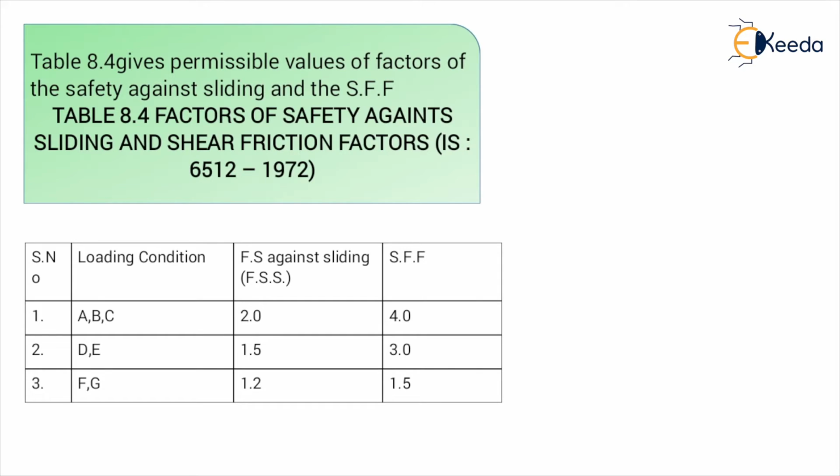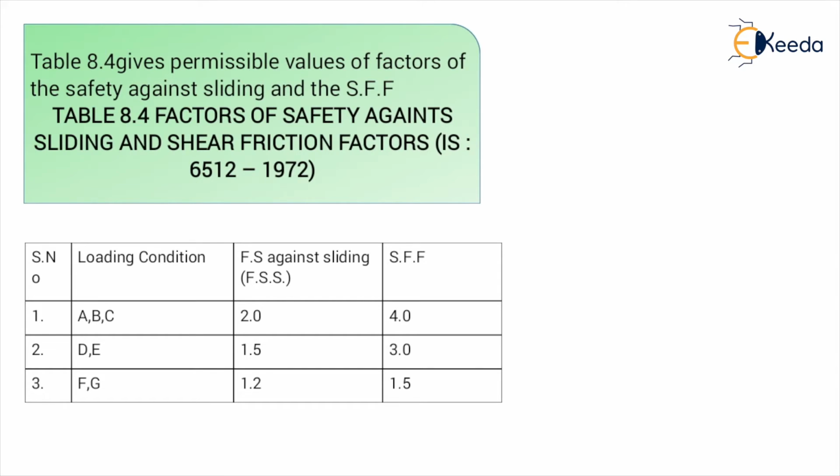We have a maximum flood elevation, meaning a water level higher than its normal level. So the maximum flood level, then the tailwater because of the flood, then normal uplift and silt.